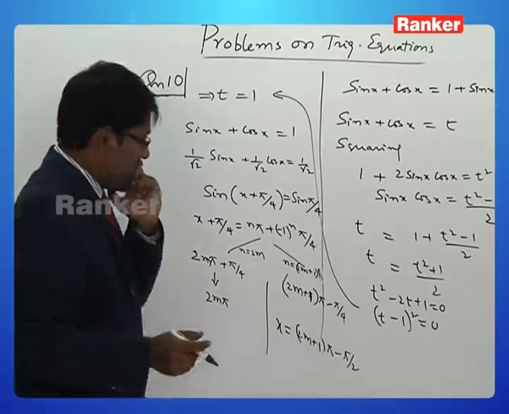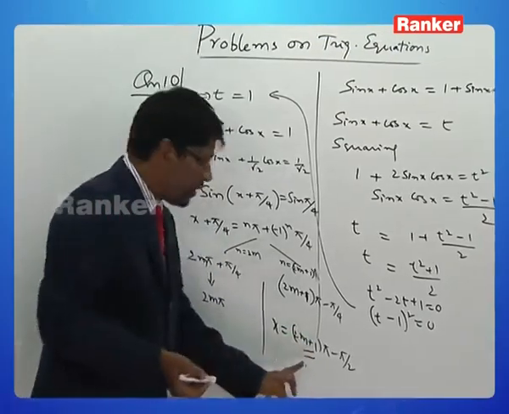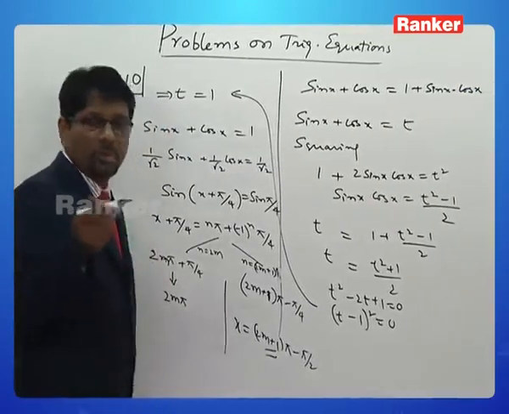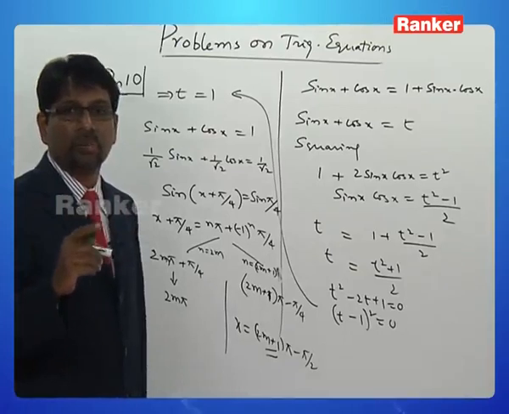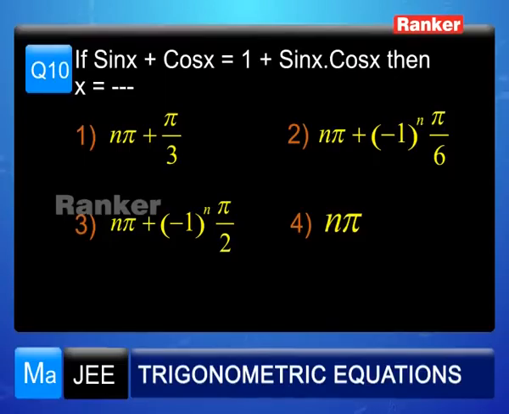Now I can treat this as some n, an integer. So n pi minus pi by 2. So the option that gives this is the third option. Option 3 is the right answer.